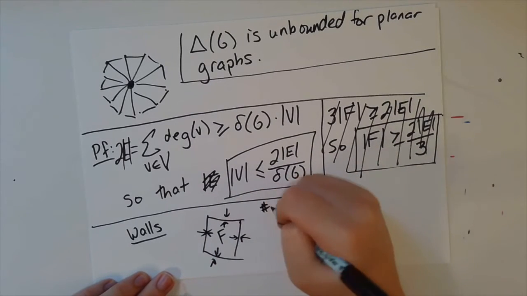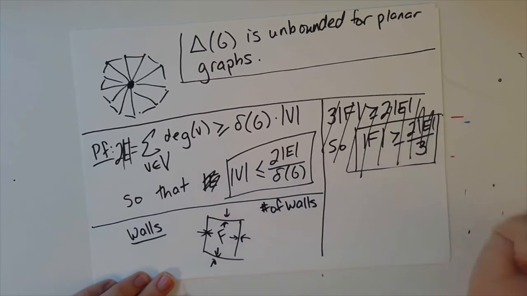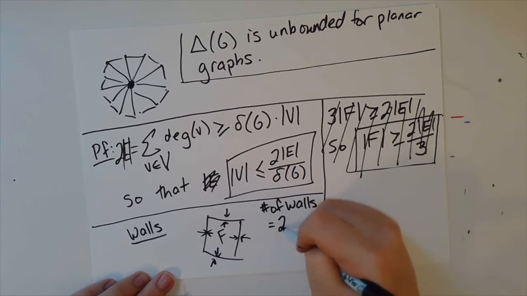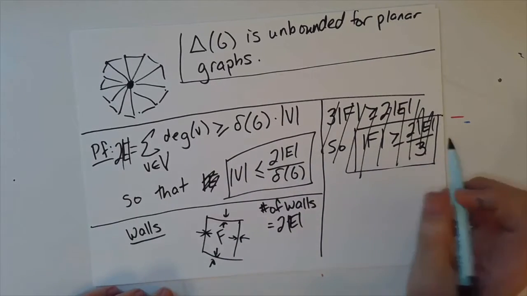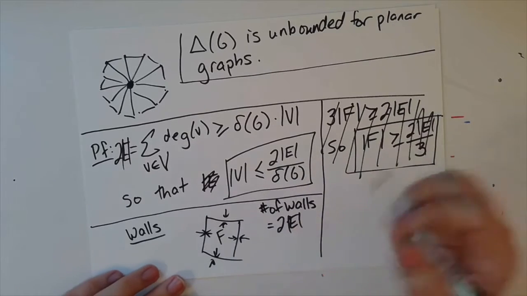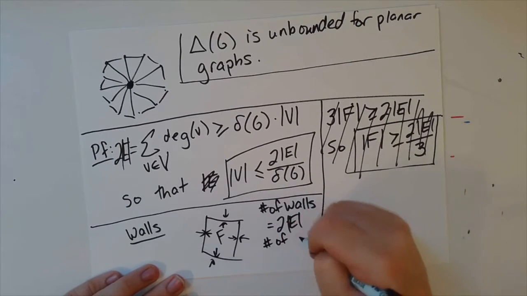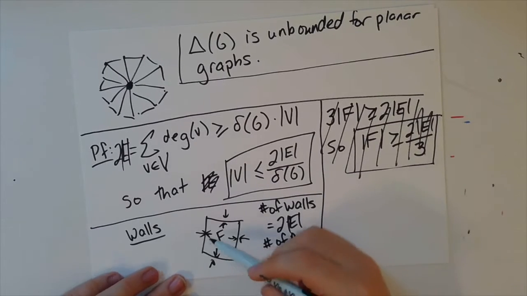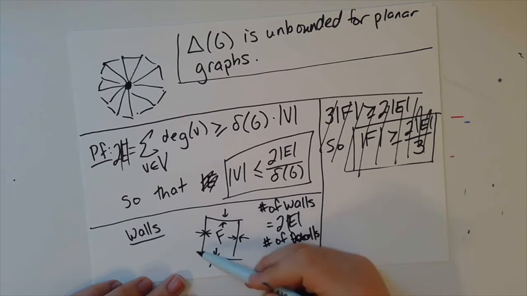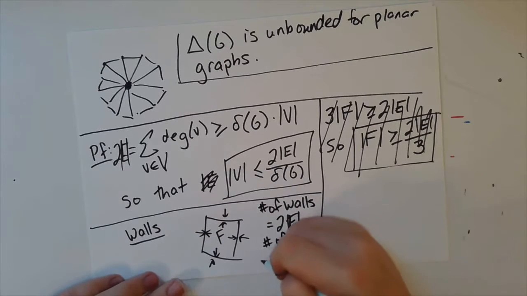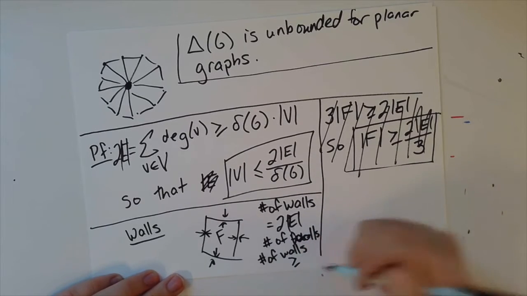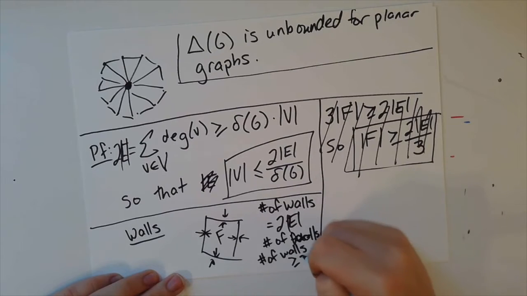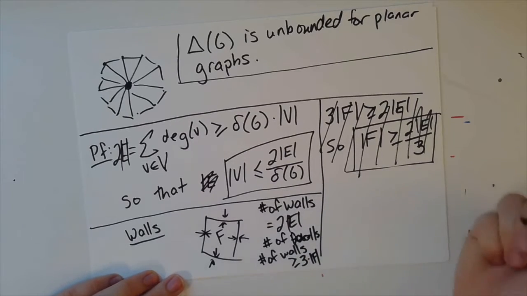So the number of walls, on the one hand, literally is equal to twice the number of edges, because every edge corresponds to 2 walls, pretty transparently. But also, every face has at least 3 walls, and so the number of walls is greater than or equal to 3 times the number of faces.